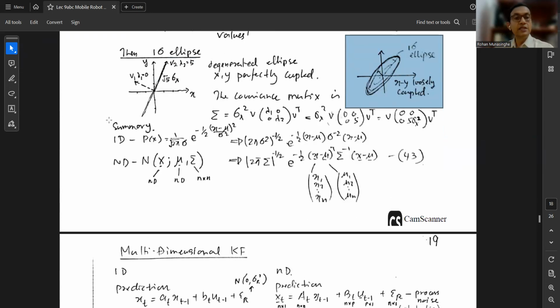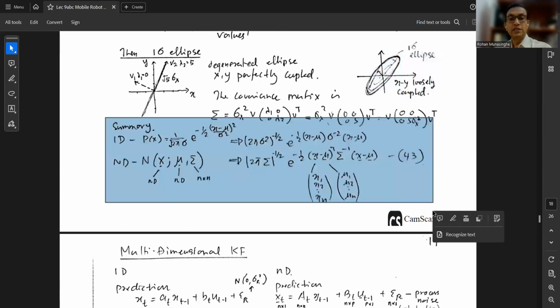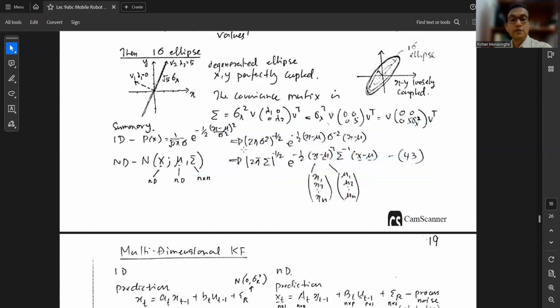Now here I summarize again the one-dimensional case and the n-dimensional case. You can see in the 1D case, you have the probability distribution function like this, and this is the probability density function. For the n-dimensional case, normally distributed, it's like this.